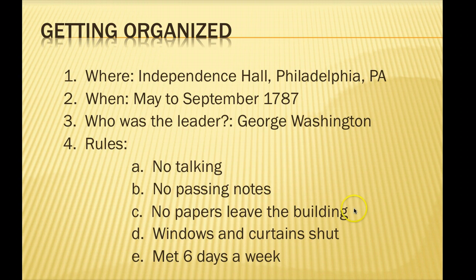The reason why they did not want papers or information leaving the building was because they were afraid if the public knew what they were doing behind those closed doors, that the people would revolt and the people would automatically view this new constitution with a stigma and a negative view and not vote to ratify it at all. Even though they knew that what they were doing was the right thing, they knew that the public would not view it that way.